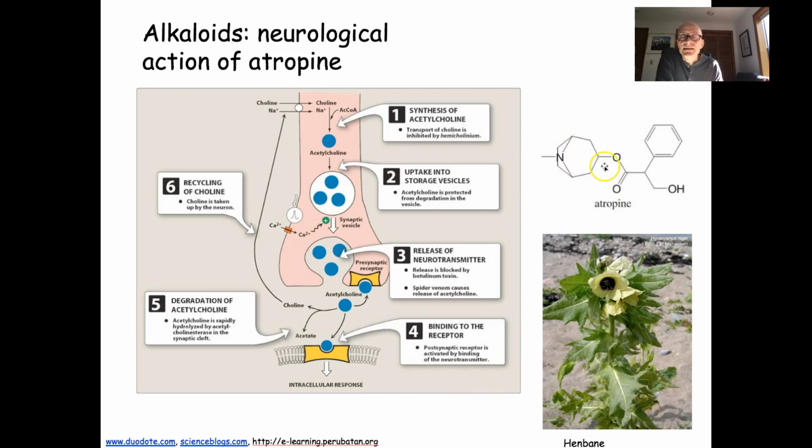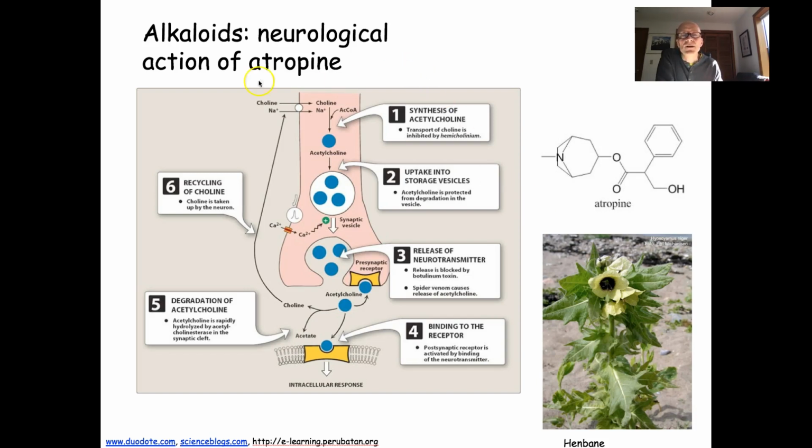This substance dropped into an eye will open the pupils, and so people actually put that stuff in their eyes hundreds of years ago, maybe not even that long, in order for their eyes to dilate and apparently appear more attractive or prettier. And so that's why it's called belladonna. Belladonna in Italian means pretty lady. So the substance has that effect, but it has many other effects too.